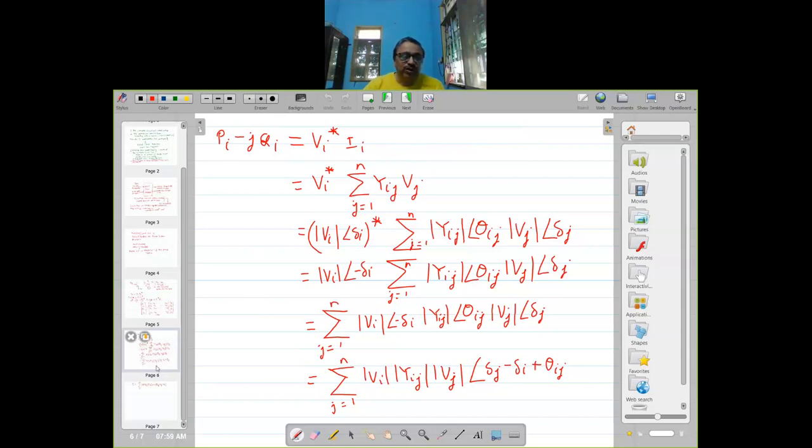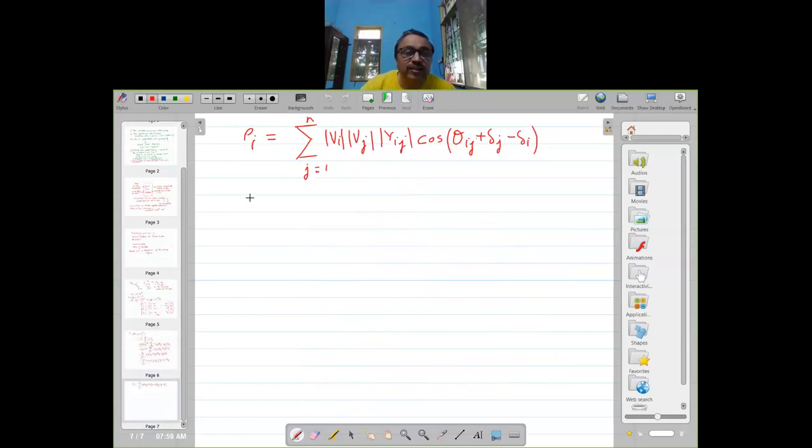So Qi I can write as minus of modulus of Vi, Vj, Yij, sine instead of cos, of theta ij plus delta j minus delta i.